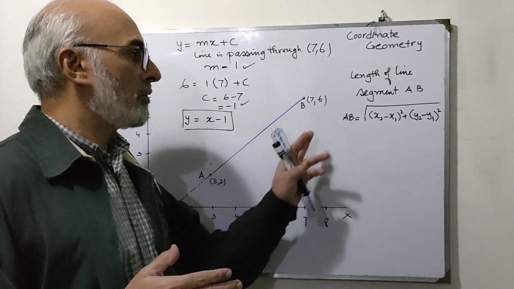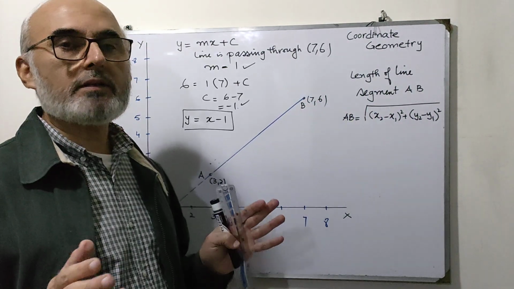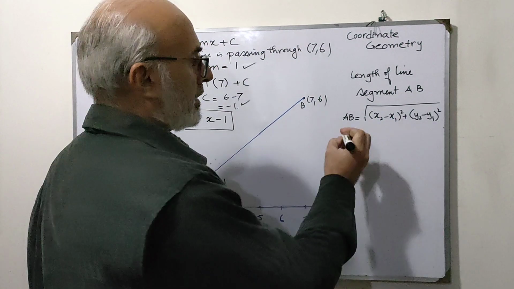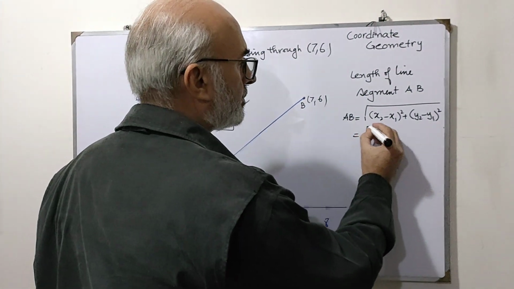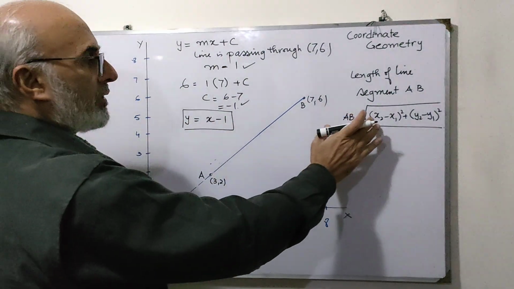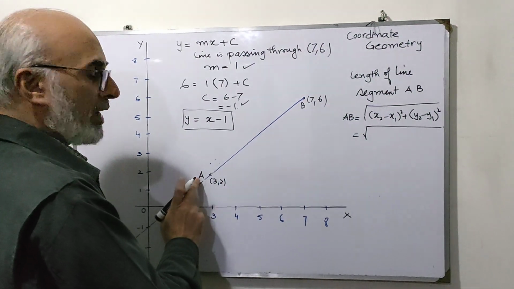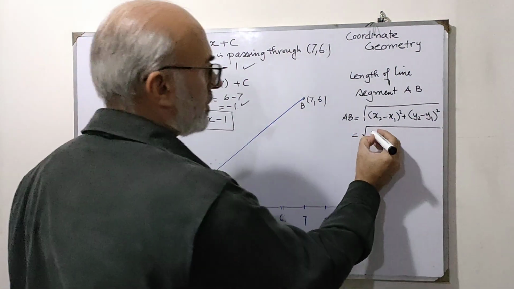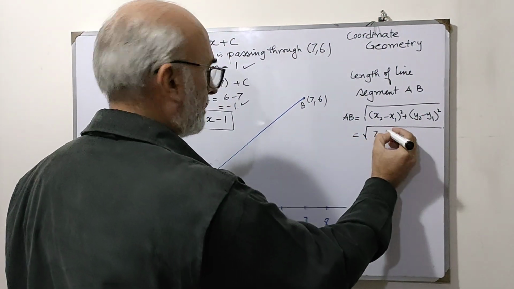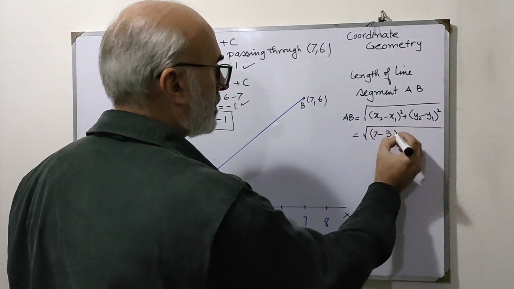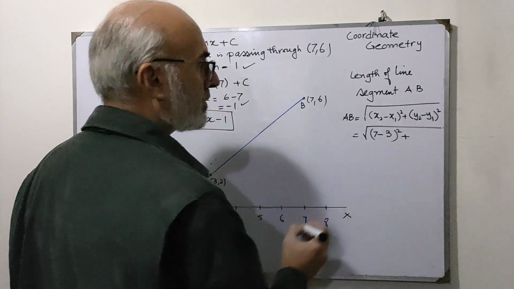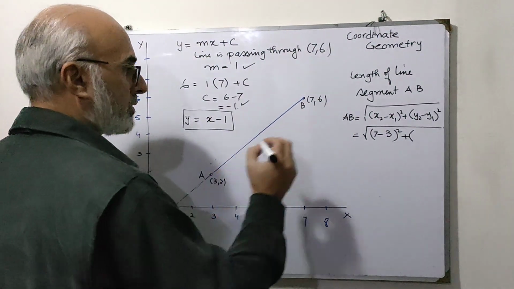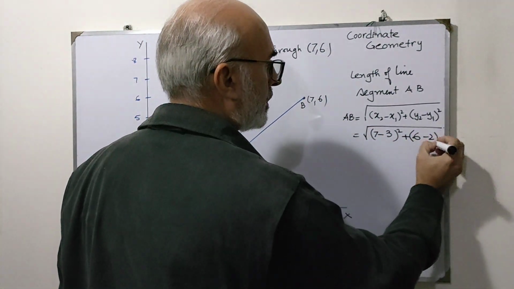Let's apply the values. We are going to find the length of AB. So this is x1, this is x2. So 7 minus 3 squared plus 6 minus 2 squared.